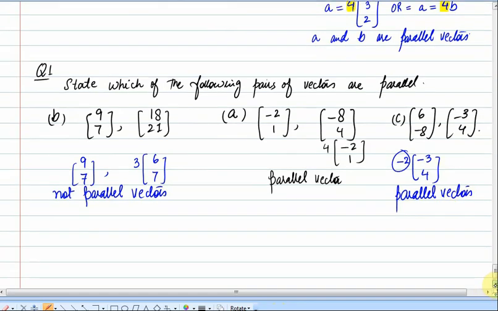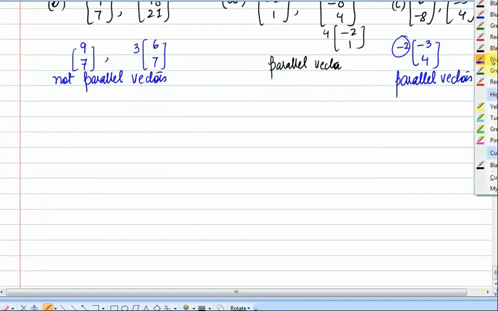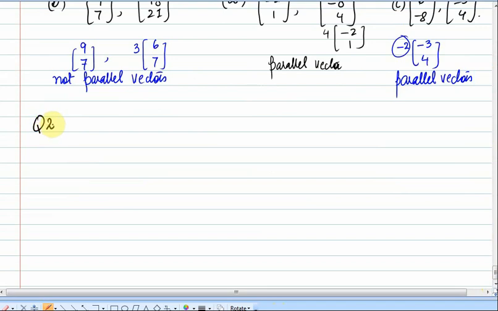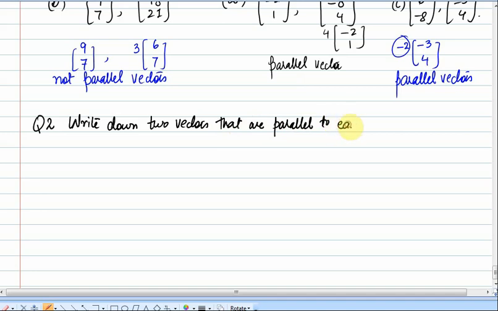In question number 2, it says write down two vectors that are parallel to each of the following vectors.